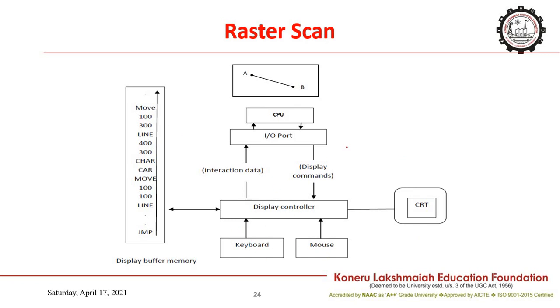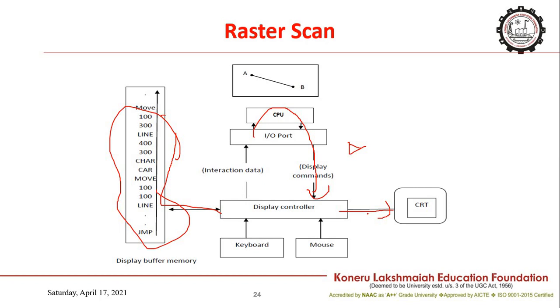If we click the play button, it will go into this and consider the memory, and then it will send it to the IO port and then the CPU, and then again it will bring back the data from the CPU. That is nothing but these dots which need to be presented on the lines, and then finally it will send it to a CRT.